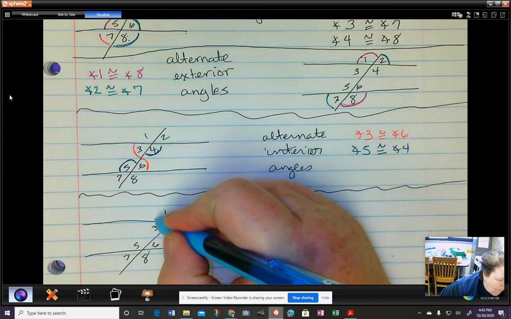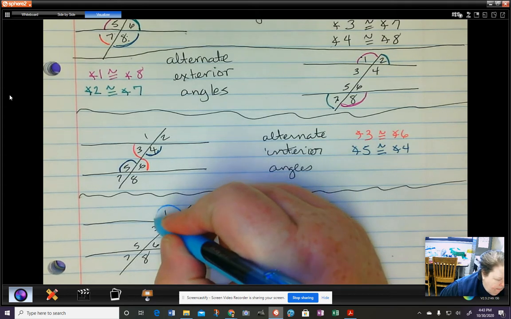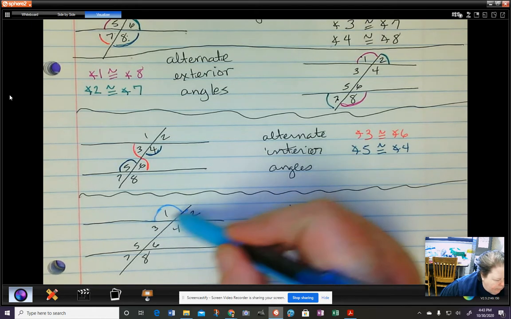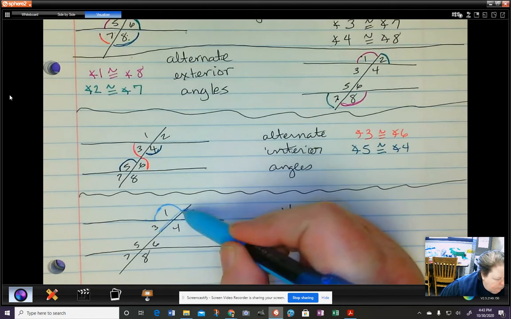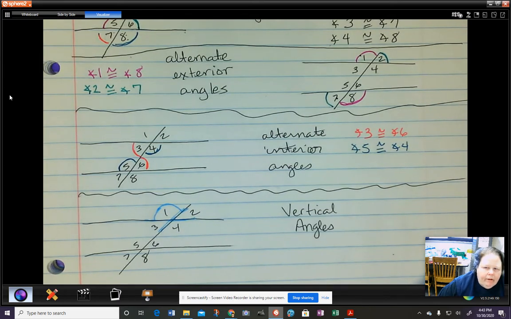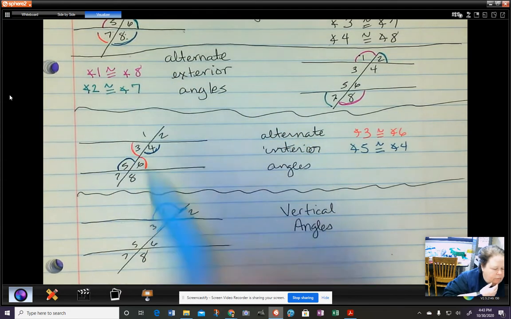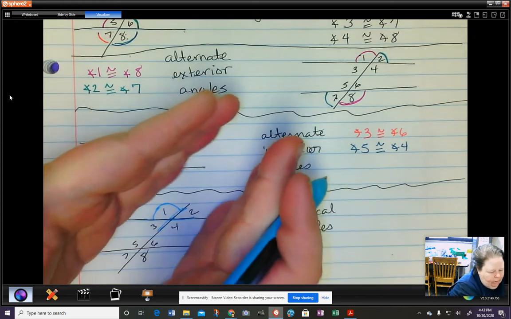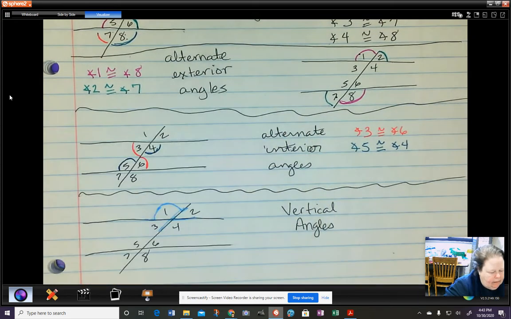So let's look at angle 1. Okay, here's the V, or the X, I'm sorry. Here's the X. Where's the opposite of angle 1? If you were to flip this over, where would angle 1 match up to? If you fold it on the transversal, where would it land?